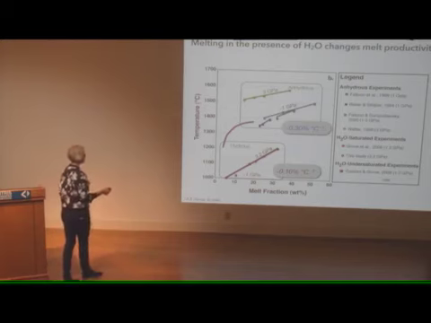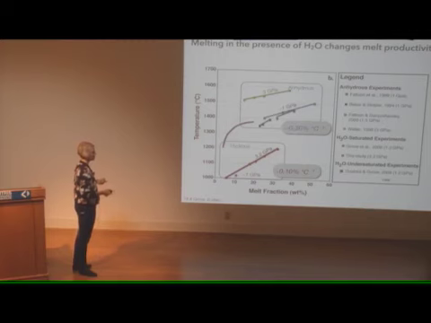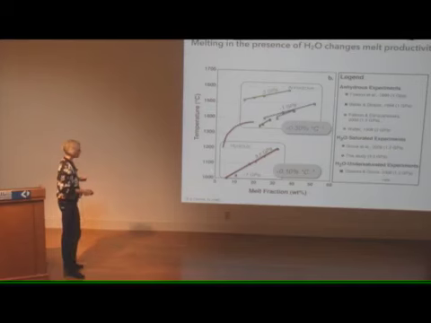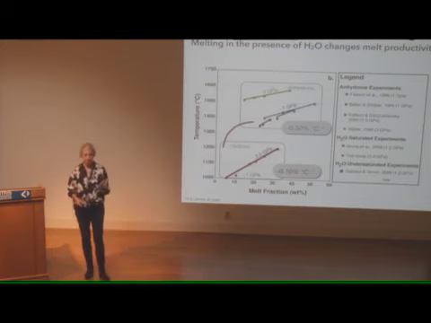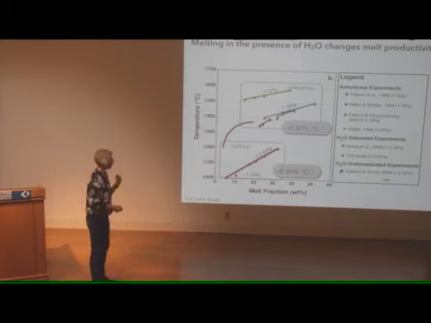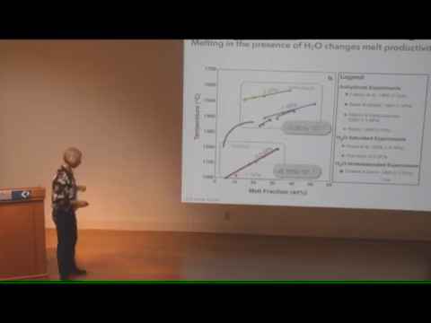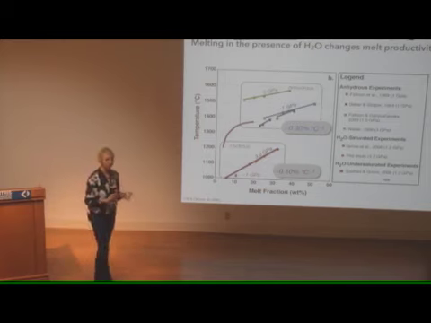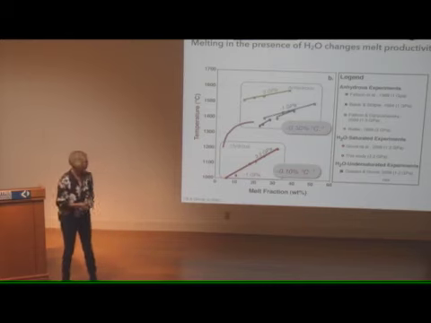For the anhydrous experiments, we see a melt productivity of about 0.3% melt generated for every degree C that you raise the temperature. With hydrous experiments, we see a much lower melt productivity, about one third. So you generate 0.1% melt for every degree C that you raise the temperature. And so you change the temperature of melting, you change the composition of melting, and you also change the amount of melt generated when you add water to the mantle.